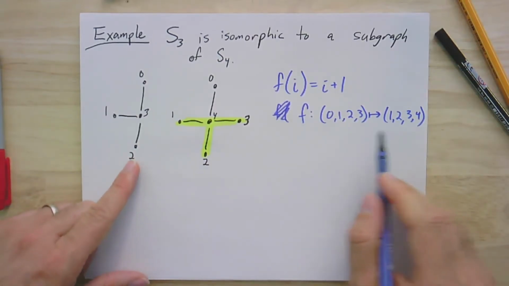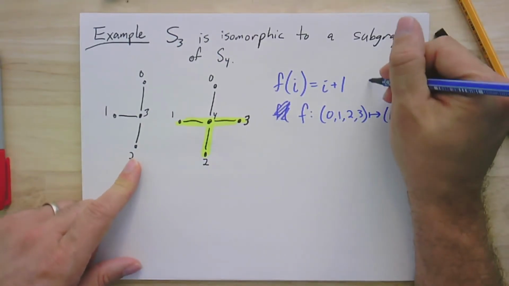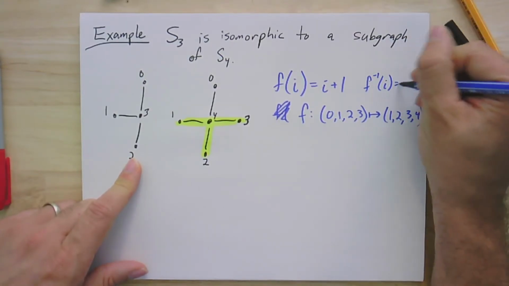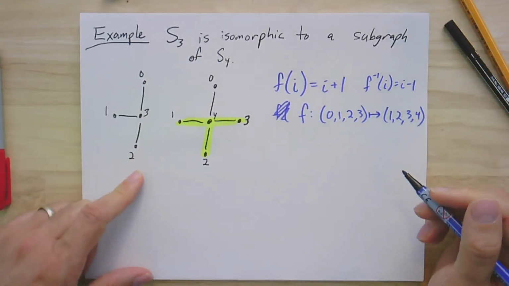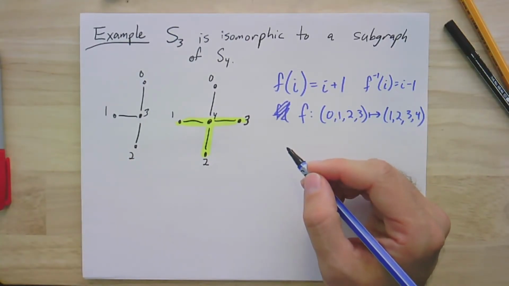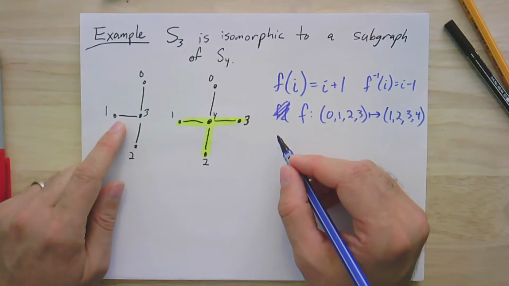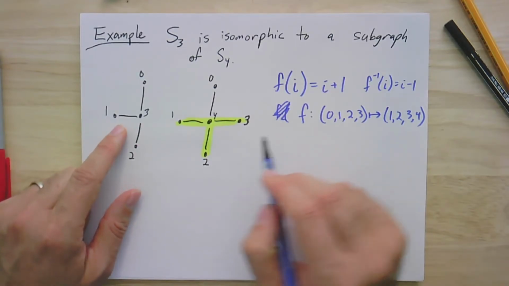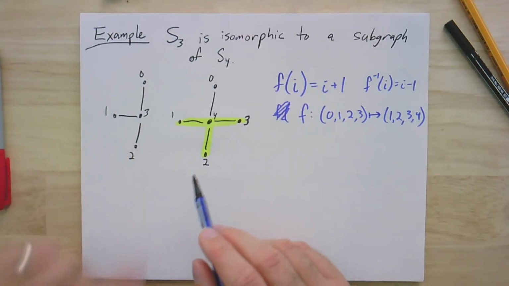Okay, this is clearly a bijection. In fact, I can even check that it's a bijection by writing the inverse, which is f inverse of i is equal to i minus 1. And I have a bunch of edges to check. I guess there's 6 different cases to check. Let's just do it by hand here. I won't write them all down.